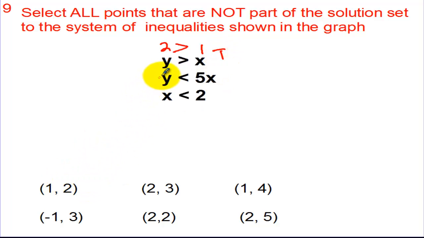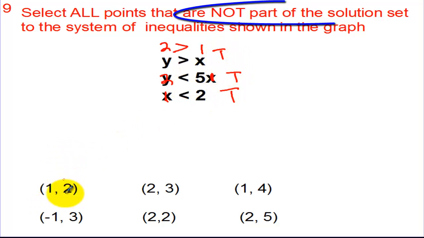Is 2 less than 5? That's true. And finally, is 1 less than 2? That's also true. After plugging in this point, we got 3 true statements. Therefore, this is a solution. This is not one of our answers.